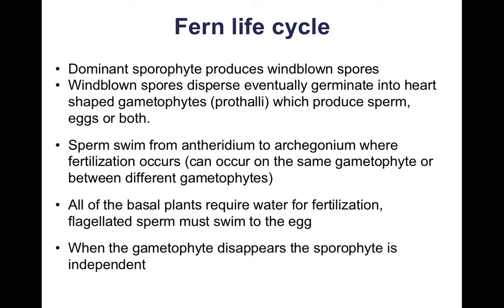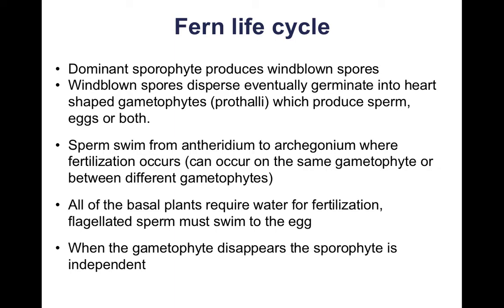In terms of life cycle, again, with all seedless vascular plants, the fern life cycle has a dominant sporophyte. And the dominant sporophyte is going to produce spores that are dispersed by the wind. These spores will germinate, so they'll divide by mitosis to grow into a heart-shaped gametophyte, which is called a prothallus, or prothalli for plural, which can produce sperm, eggs, or both, depending.